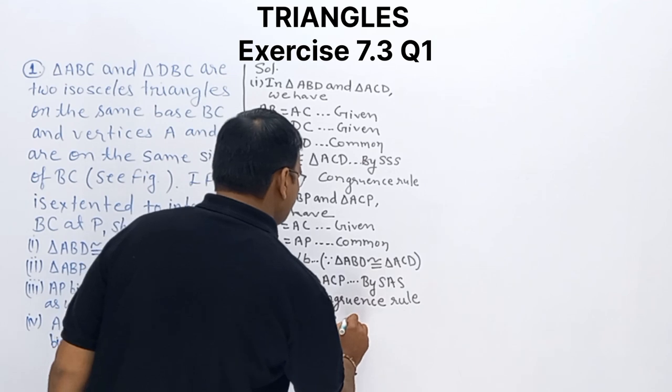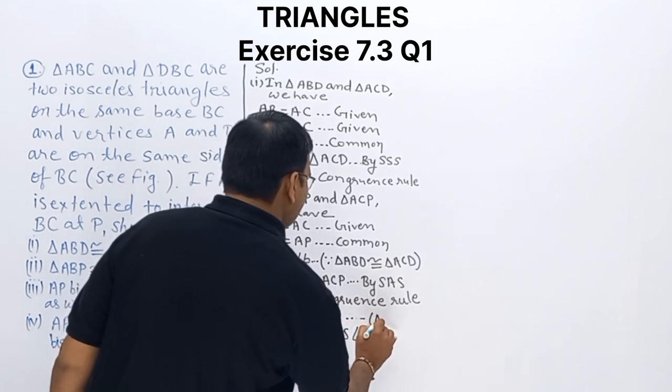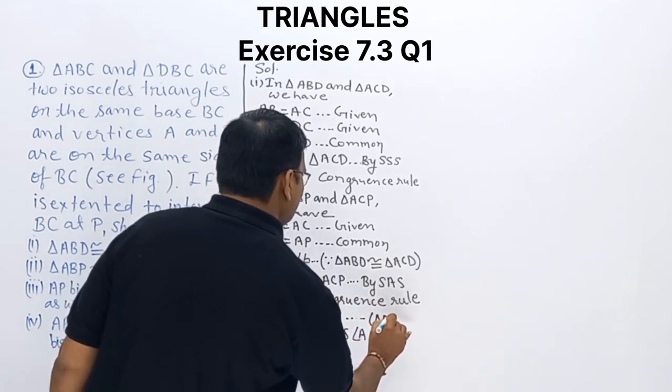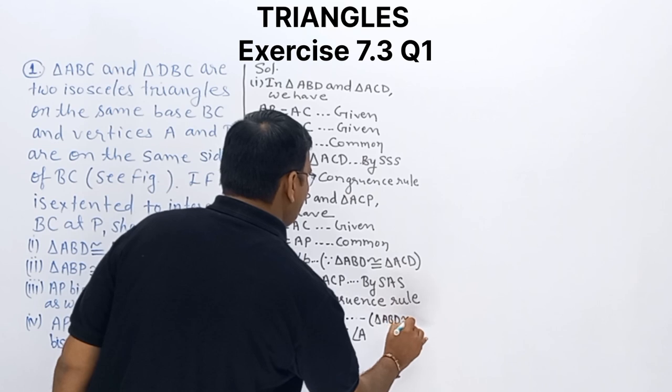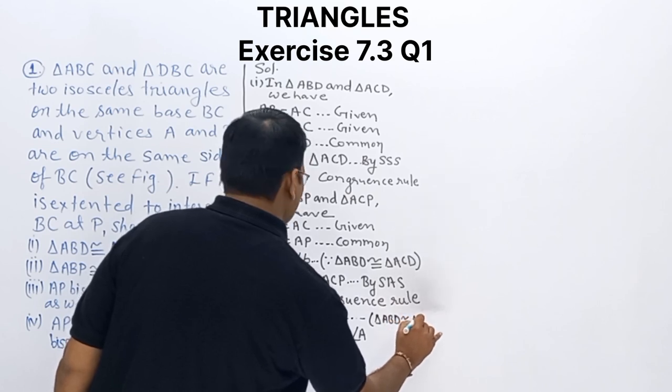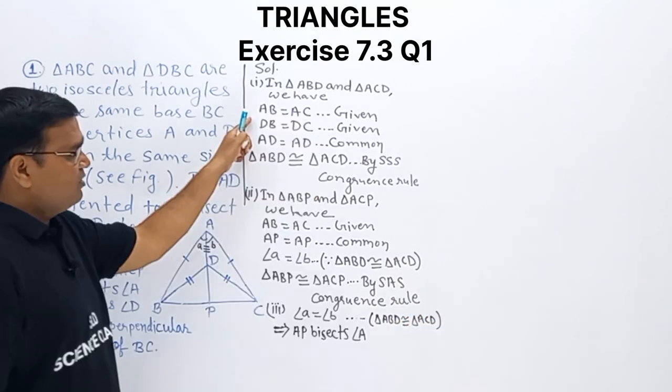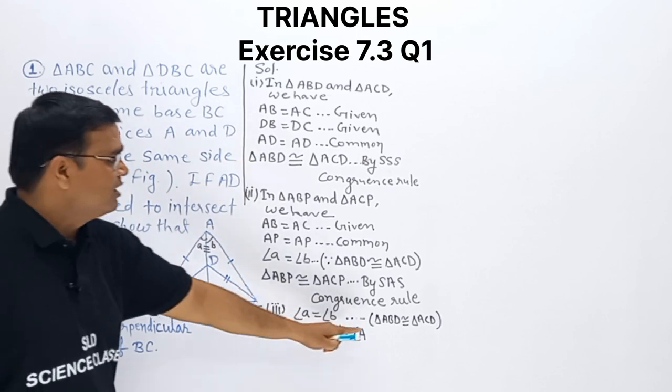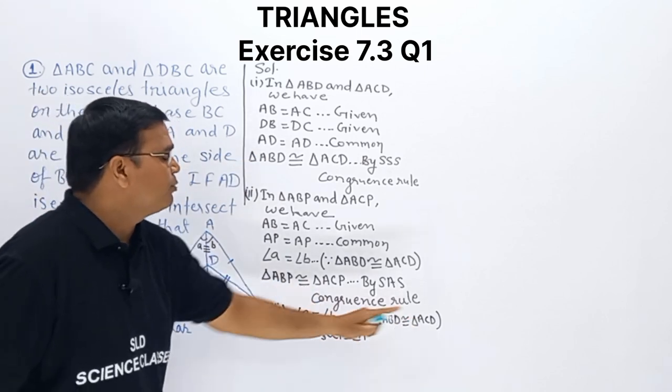We can also write triangle ABD is congruent to triangle ACD. In the first question we proved triangle ABD is congruent to triangle ACD.